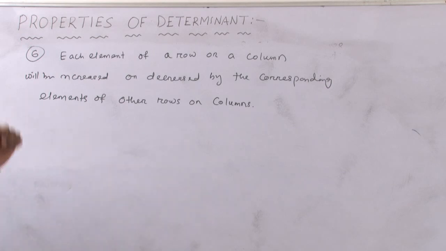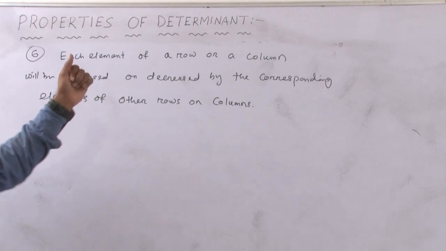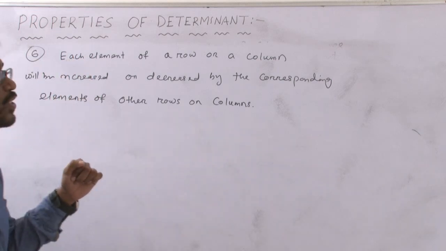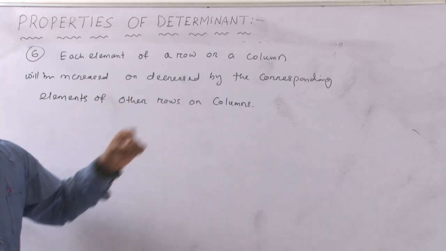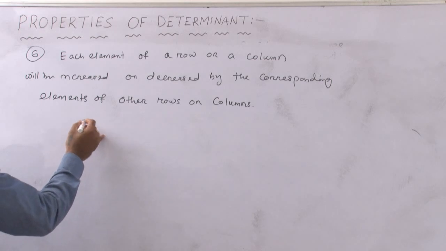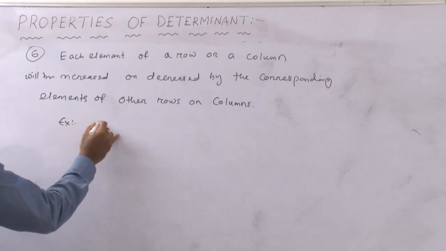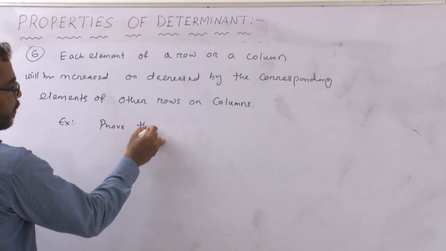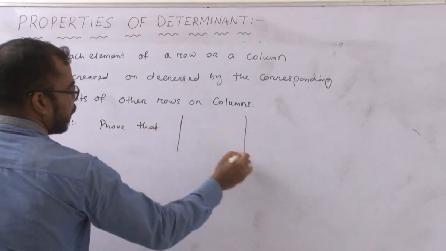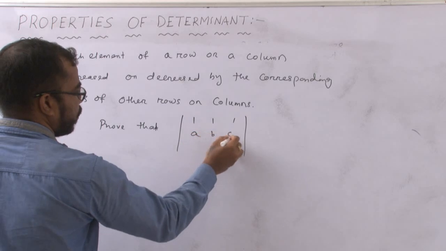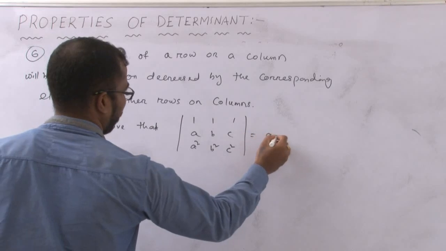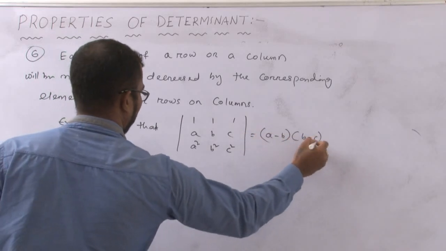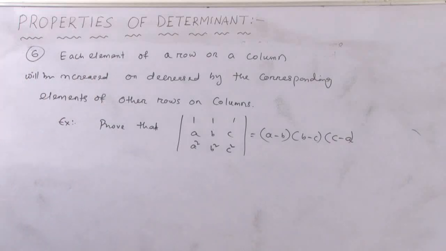So here any row or column of a determinant can be increased or decreased by the corresponding elements of other rows or columns. So here we take an example. Suppose we have to prove that the determinant of 1, 1, 1; a, b, c; and a square, b square, c square is equal to (a minus b)(b minus c)(c minus a).